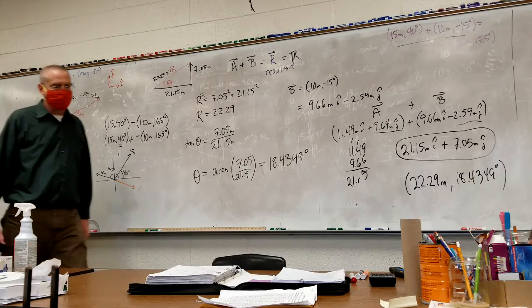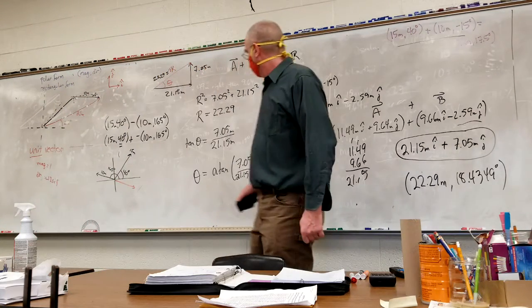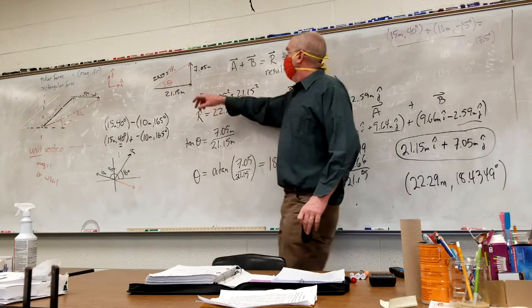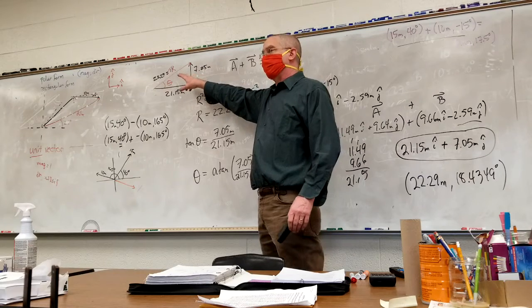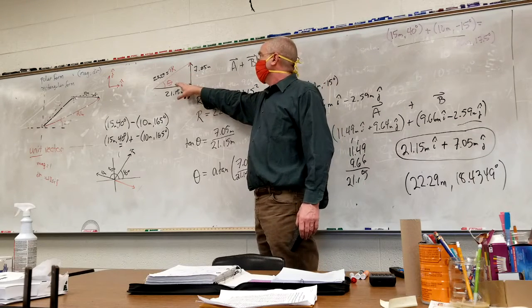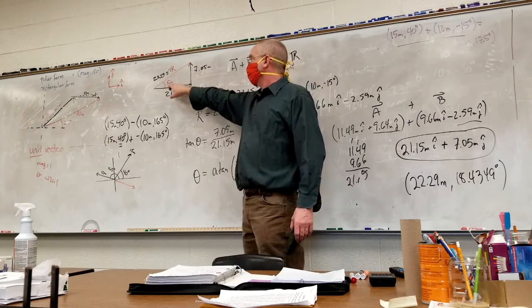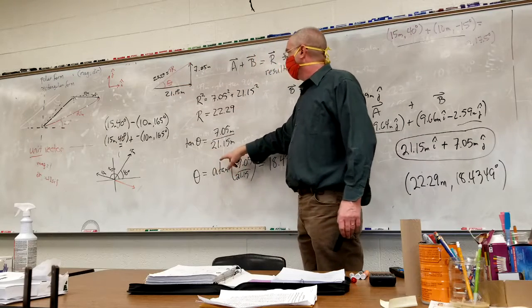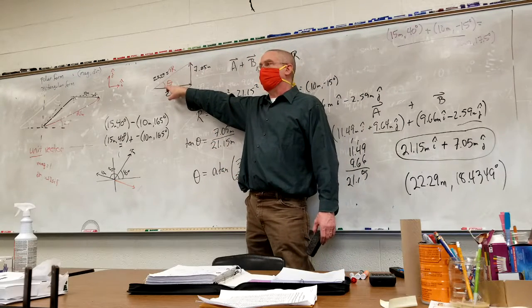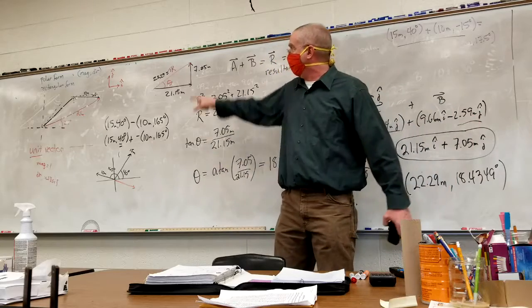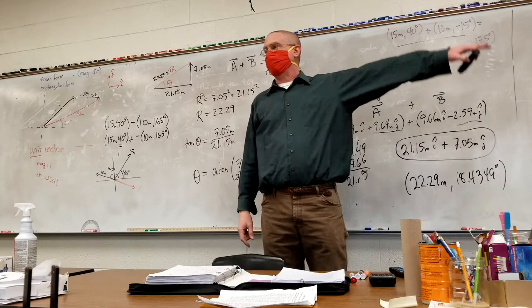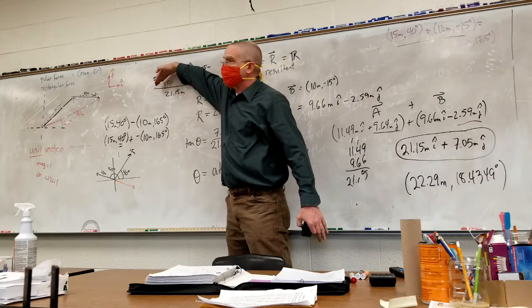Yes. What were we solving for when we did the tangent? The resultant is a vector, so it has magnitude and direction. And so magnitude is the Pythagorean theorem, and direction is what we were trying to find here. So theta is the angle based upon 0 degrees here. It's the angle from 0 degrees.